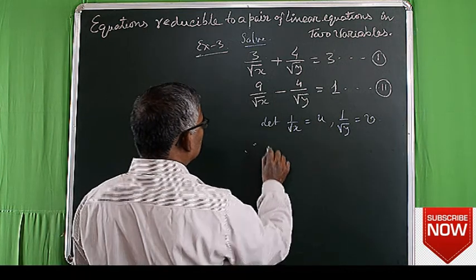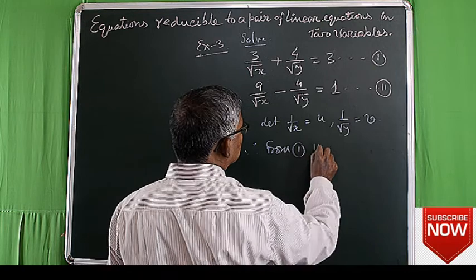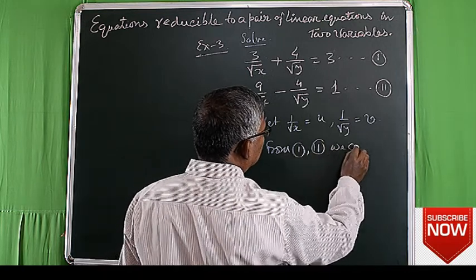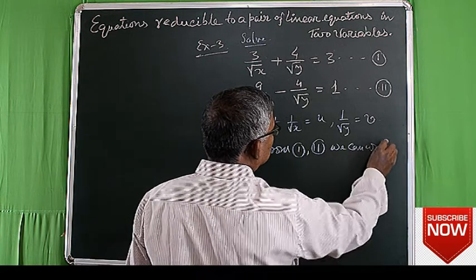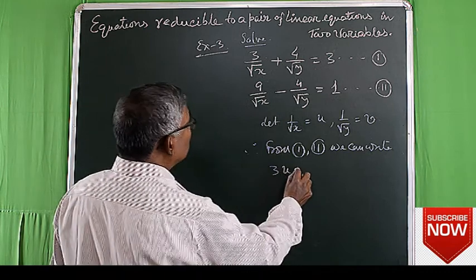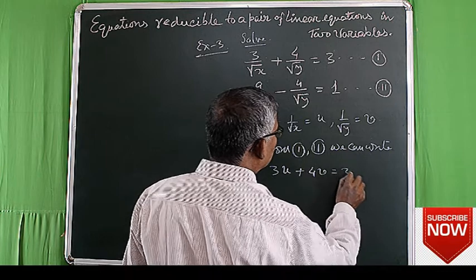Therefore, from 1 and 2, we can write 3u plus 4v equal to 3.